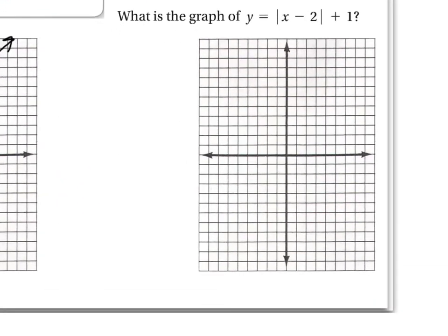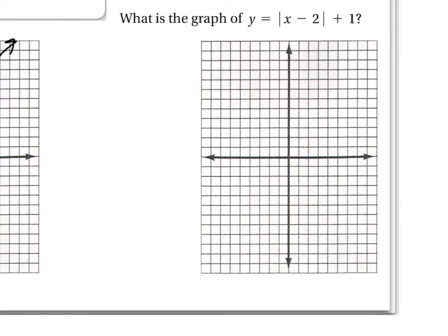Okay. Again, I want to graph this by plotting points, but in order to plot my points, I first want to find my vertex. So the vertex comes from the shift. We have a horizontal shift moving us to the right 2. So that means our x-coordinate is a positive 2.